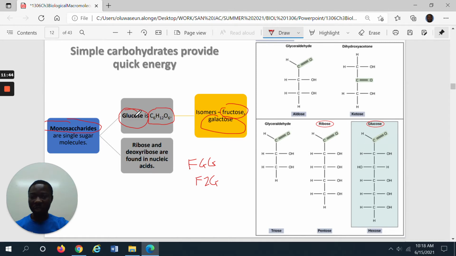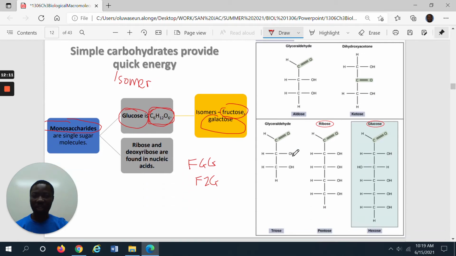Now we have another word that looks like isotopes, but it is different because it is isomer. Now isomers are compounds that have the same molecular formula, but different structural formulas, right?